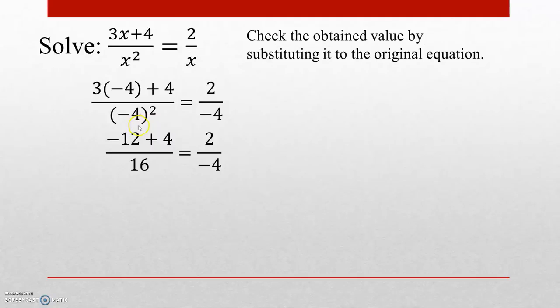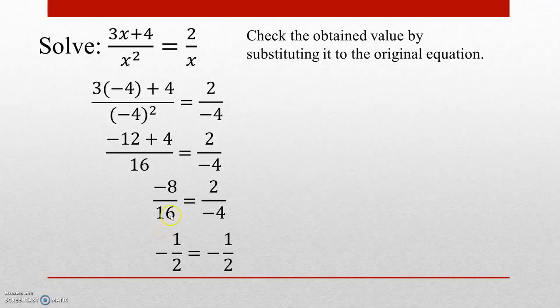The square of negative 4 is 16 equals 2 over negative 4. So, we have negative 12 plus 4 is negative 8. And then, I just copied everything. So, if we're going to simplify that, we have negative 1/2 equals negative 1/2. So, dahil sila ay parehas, ibig sabihin, tama yung ating sagot na negative 4.